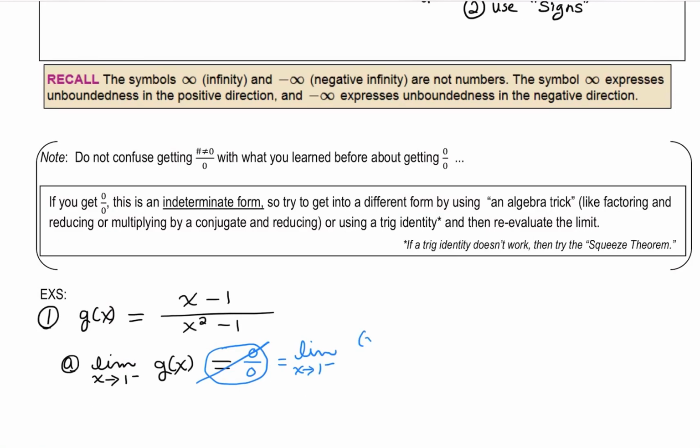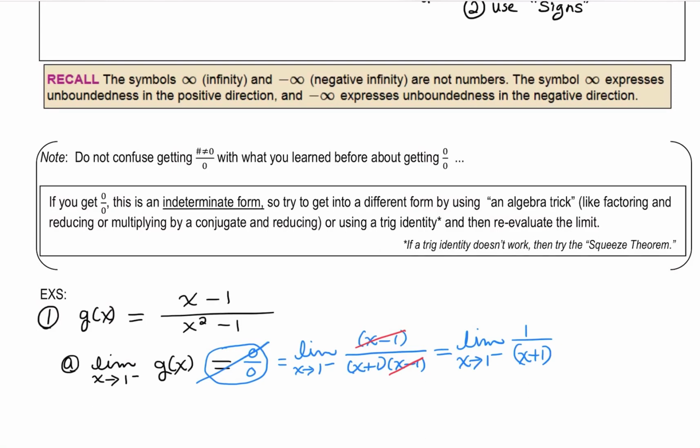And in this case, it's probably the most obvious algebra: in that denominator, factoring into our difference of two squares. And that's going to allow us to do some reducing of x minus 1 over itself. And so, remember, the functions aren't equal after you reduce, but their limits are equal. So essentially, you had a little hole in the graph that you've now filled in.